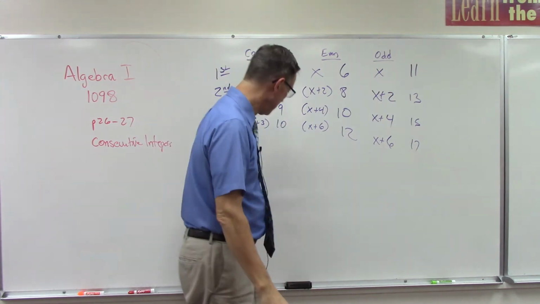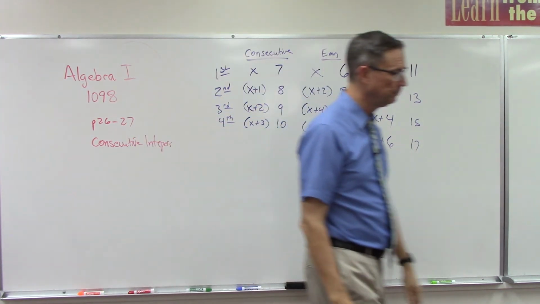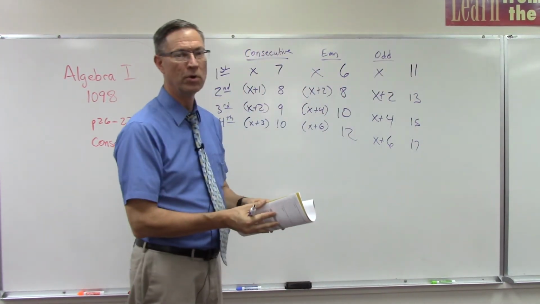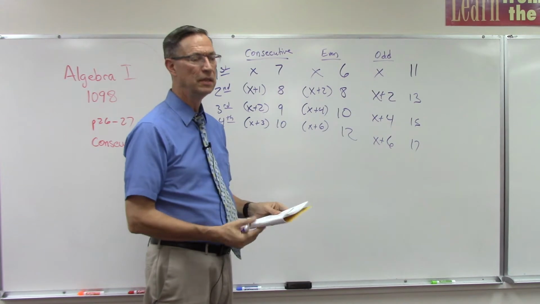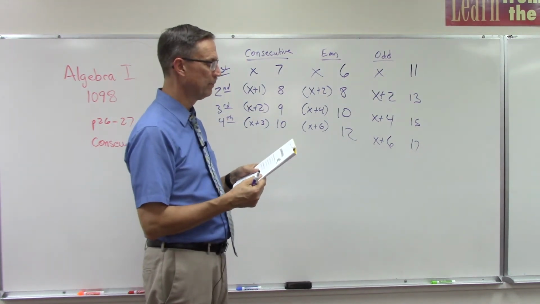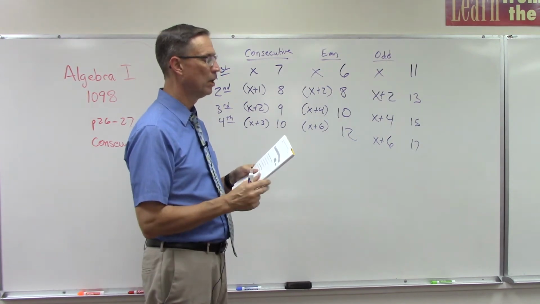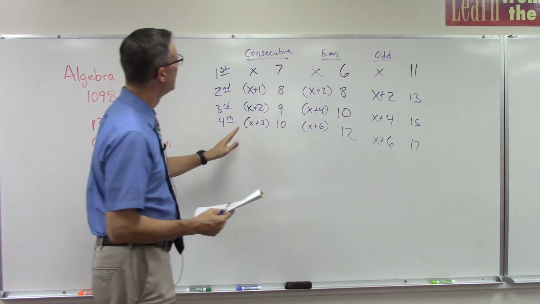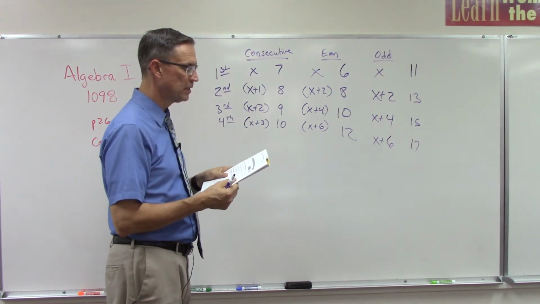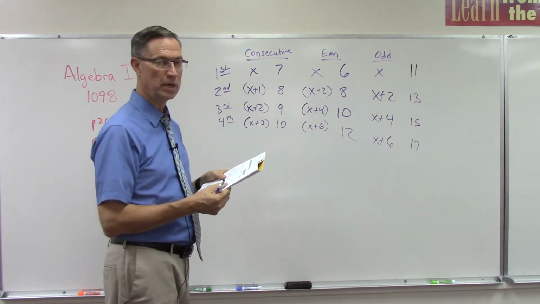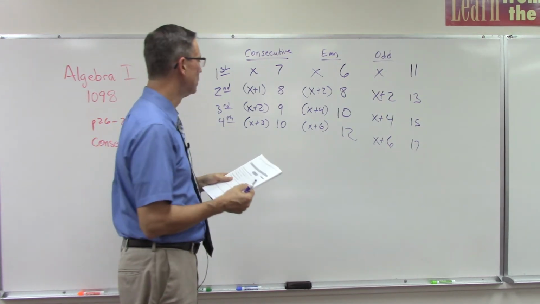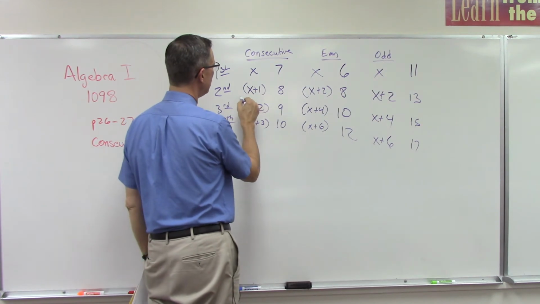Now, let me grab the pace again. All of the problems 1 through 4 are really easy. But let's look at number 5 on page 28. 2 numbers are consecutive integers, so from this list, they're not even or odd. But notice it says 6 times the smaller integer equals 3 times the greater. So we're only comparing these two.